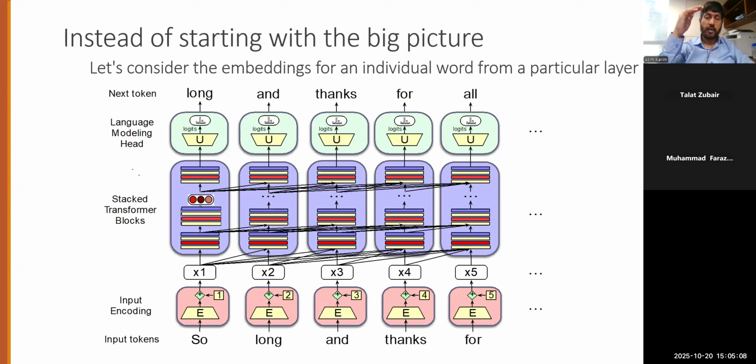And then after that, you have the output layer, which in this case you can think of as the language generation unit that generates a token for each input after passing through all of these transformations.